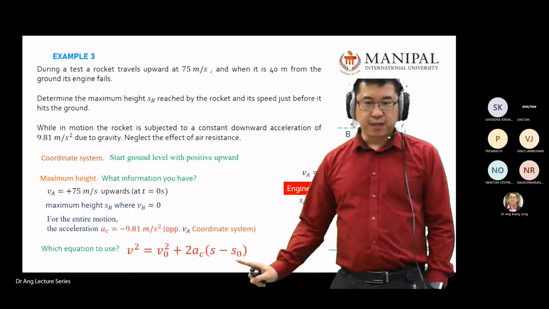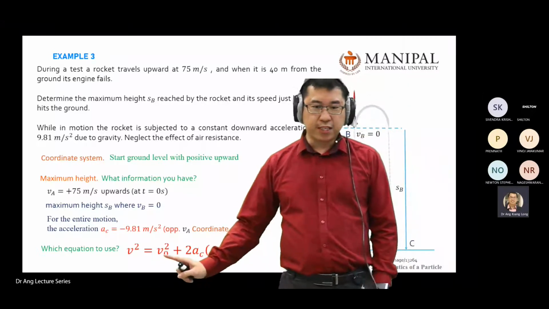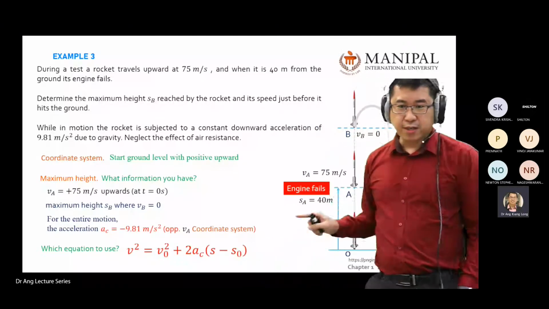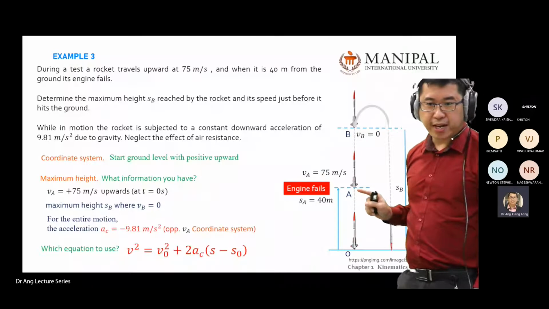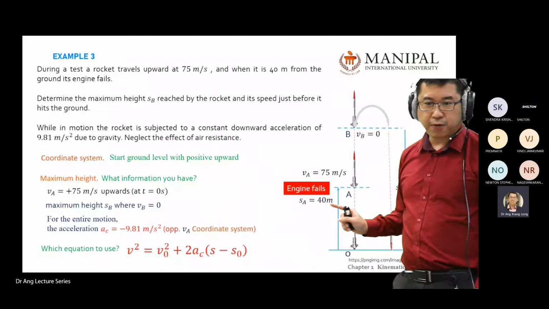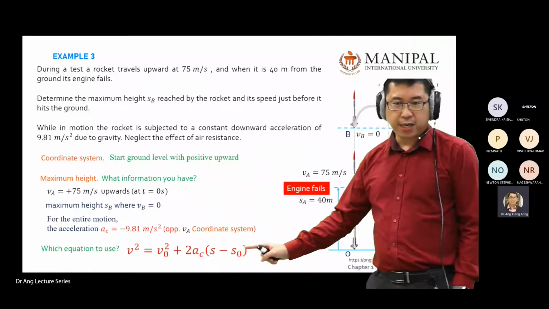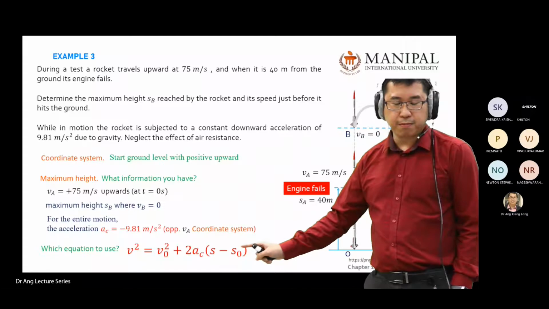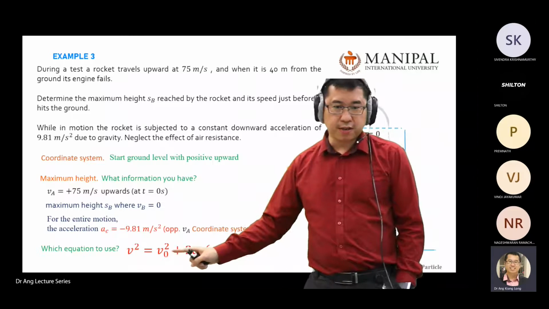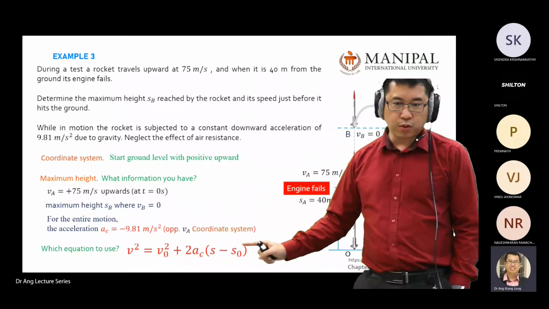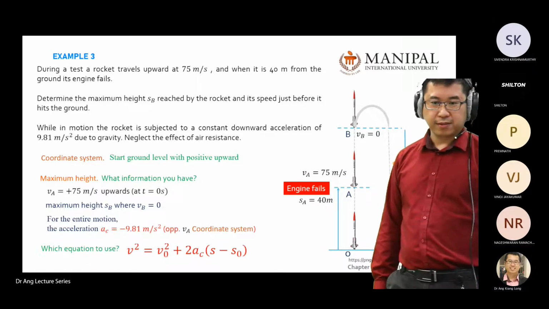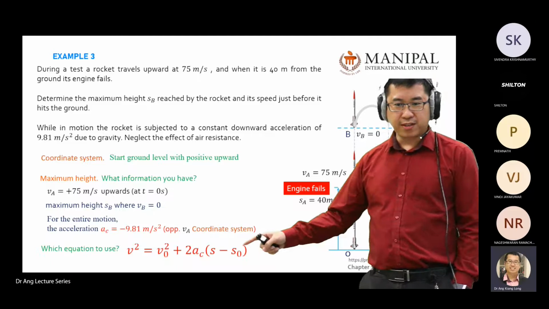This speed and this location are linked together, because at point A the height or position is 40 meters. Here, 40 meters is linked to the speed at 40 meters, which is 75. So your initial velocity here is 75. This one is linked to this one. Any questions so far? Any question you don't know? Why should I use this one?